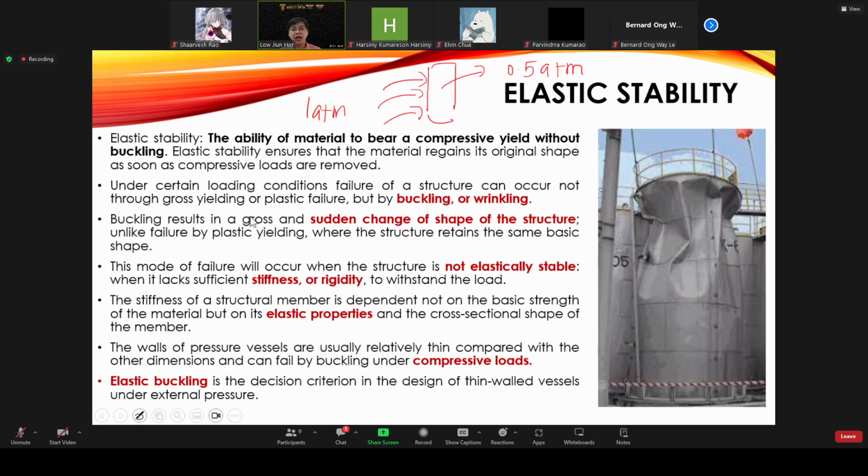So in this case, they will try to compress the outer surface of the pressure vessel. They will try to compress and deform or change the shape of the pressure vessel.